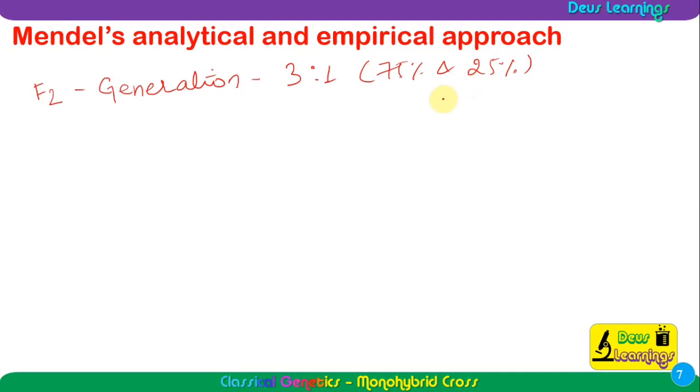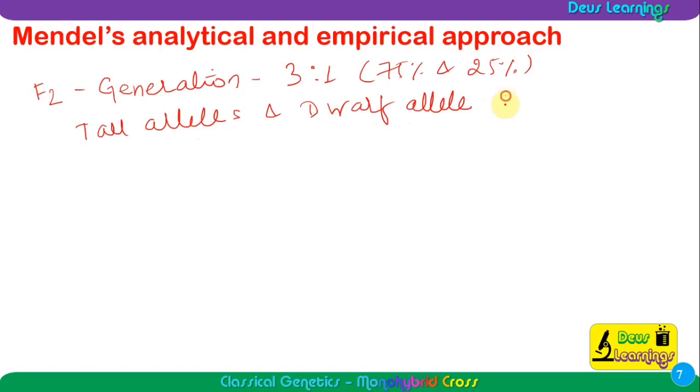By this, Mendel concluded that the tall alleles and dwarf alleles segregate randomly, not in a particular fashion, but just a random segregation. And I hope you remember that gave the law of segregation.